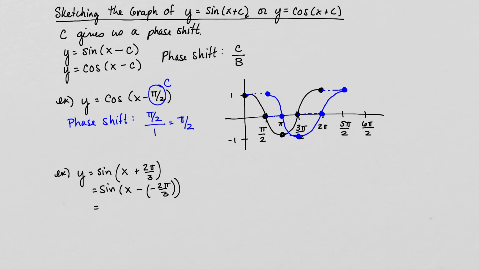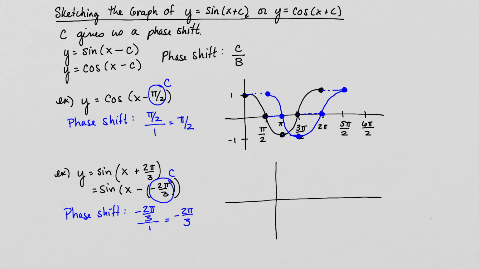And so in that case, our c is the minus 2 pi over 3. So the phase shift here is going to be minus 2 pi over 3 over 1, so minus 2 pi over 3.